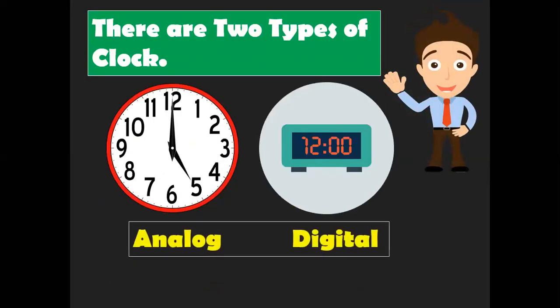As you can see, there are two types of clock. The first one is analog clock, which makes use of the numbers 1 to 12 in a circular manner. We usually can see this in our wall clocks. Next is the digital clock. As you can see, it follows the format with 4 digits, and in between is a colon.